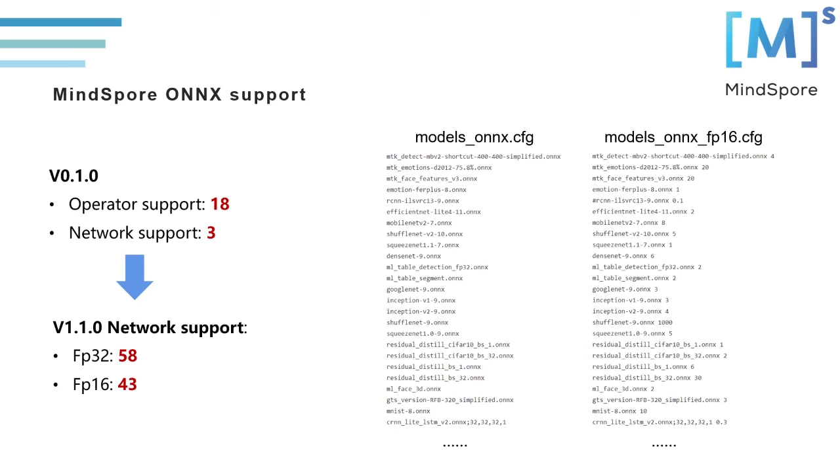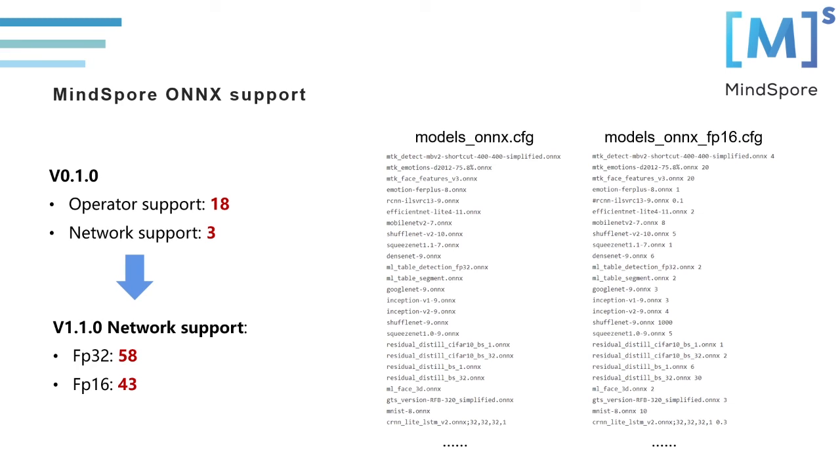Now I will show you the current MindSpore support for ONNX. Since the first alpha version published in March last year, MindSpore has supported ONNX as a first-class citizen. For the 0.1 version, there are 18 operators and 3 models, LeNet, AlexNet, and ResNet-50, supported for conversion to ONNX format.